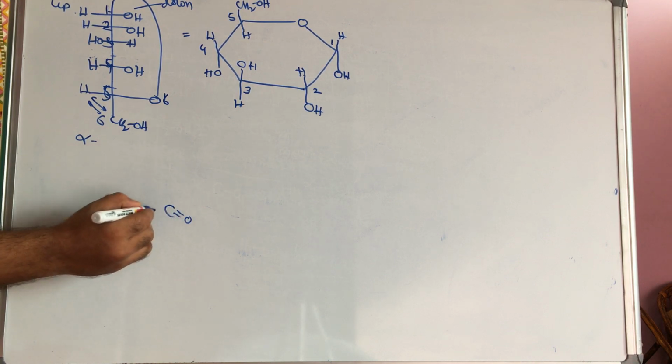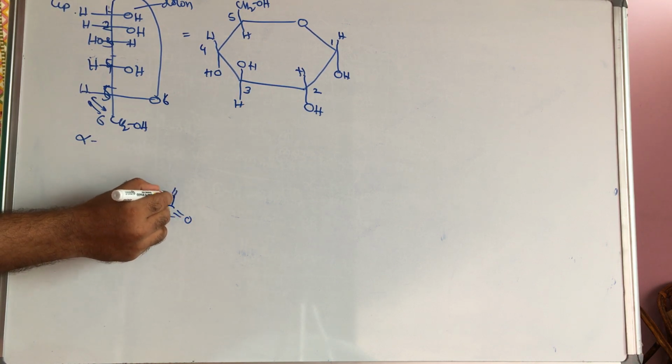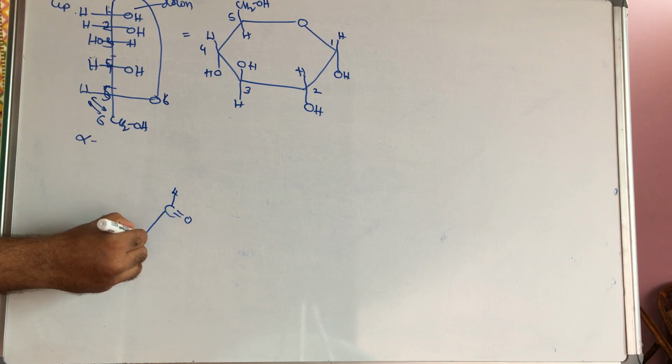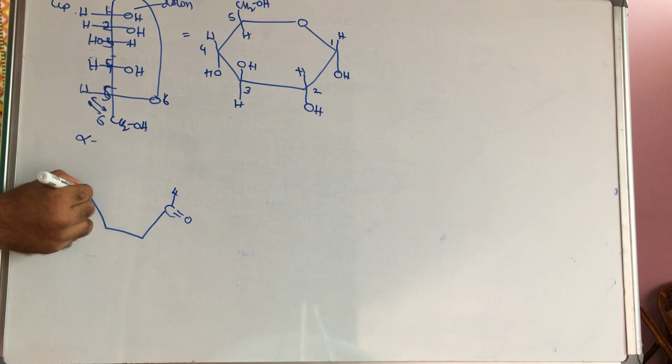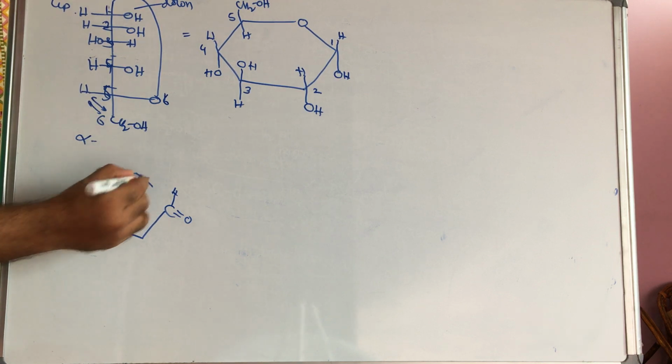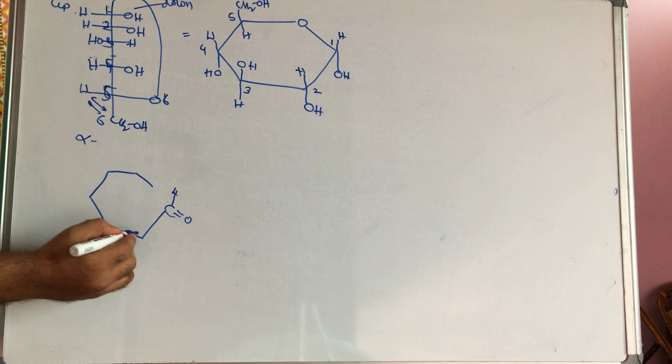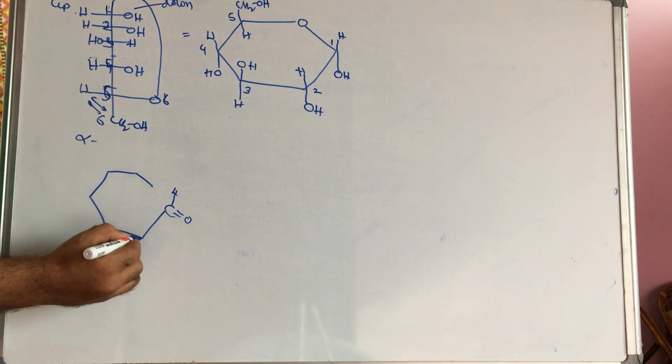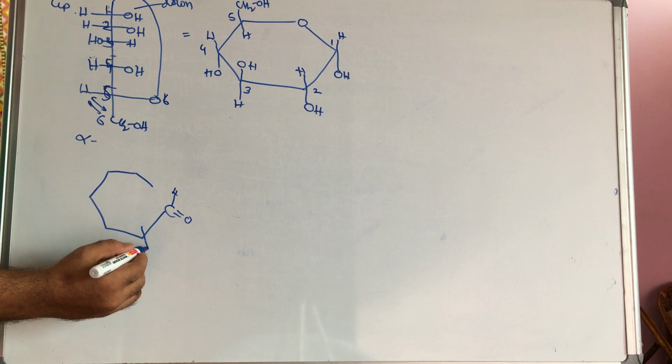If you want the open chain structure, we know the open chain structure: C double bond O, and this will be the H. Next 1, 2, 3, 4, 5, 6. Correct? Then at the first position, the right side OH is this one.